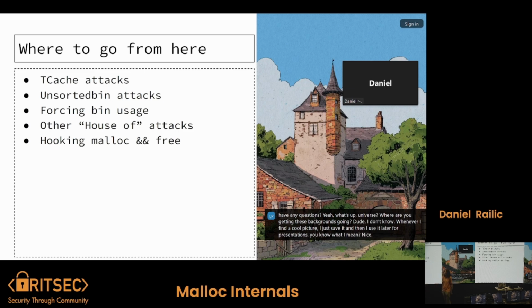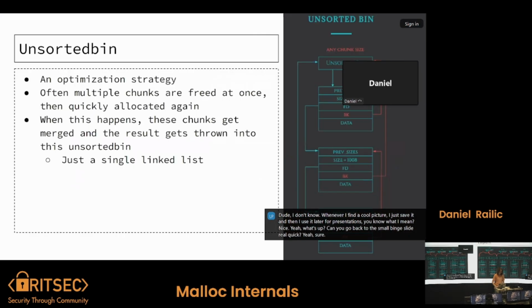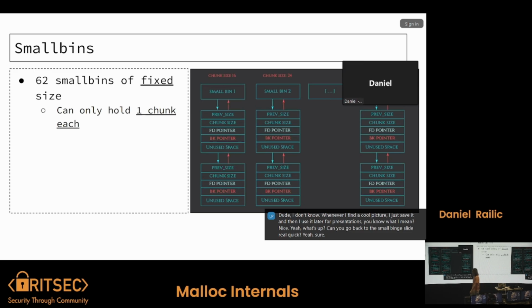Can you go back to the small bin slide real quick? Yeah, sure. So it's small bin 1, 2, and then goes up to small bin 62? Yes. So each of them hold one chunk each, right? I'm a little confused how it's pointing to another chunk under the same small bin. Small bin one has this one chunk that's pointing to another chunk.